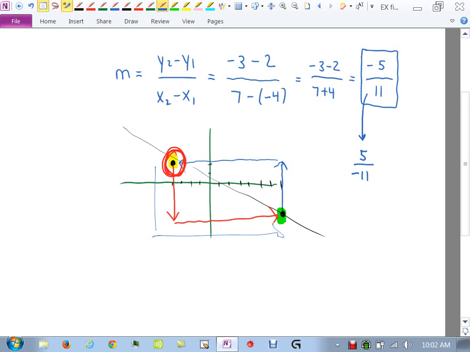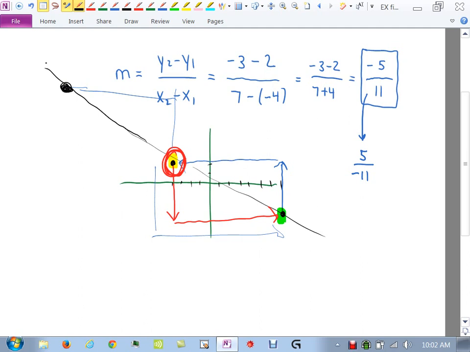I'm saying I don't want that. So how could you get another one? Instead of going down 5 and to the right 11, I could go up 5 and to the left 11. So if I go up 5 and to the left 11, look where I'll be. Won't I be around here somewhere? And isn't that just another point somewhere on that line?